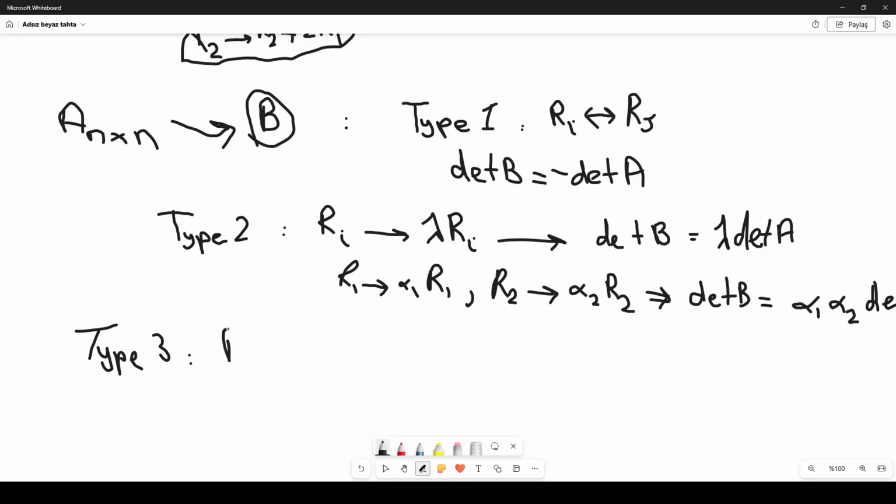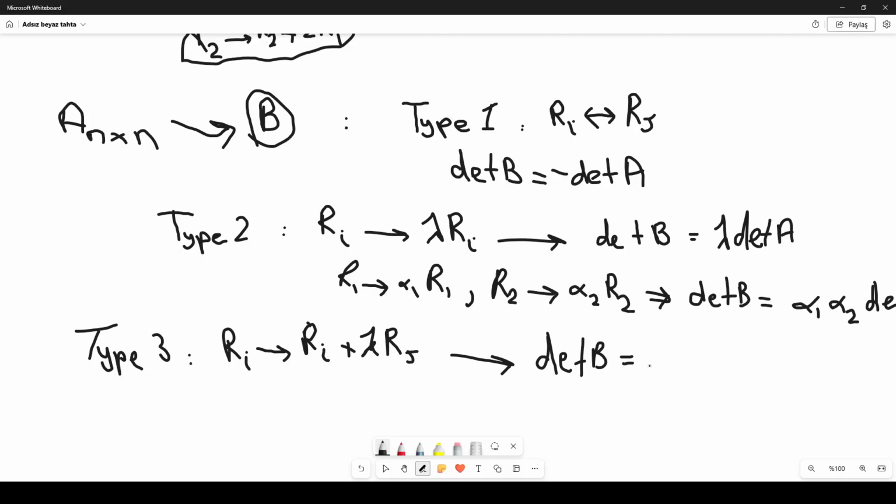So if we replace row I by row I plus lambda times row J, then there will be no change on the determinant. So the final determinant would be equal to the original determinant.